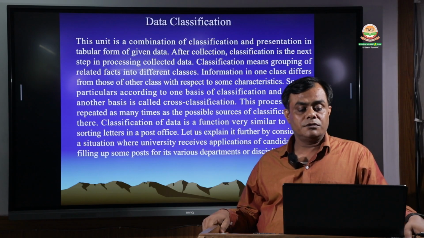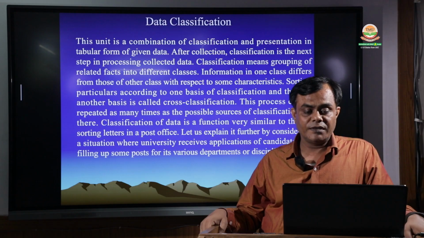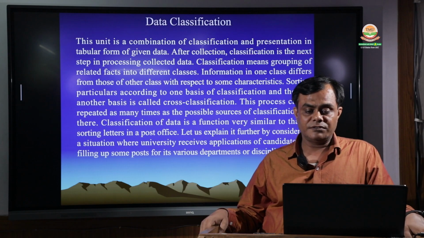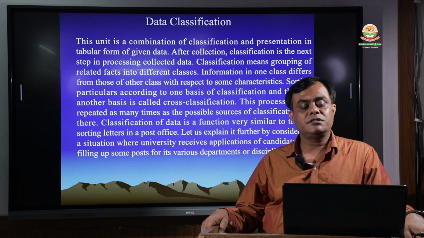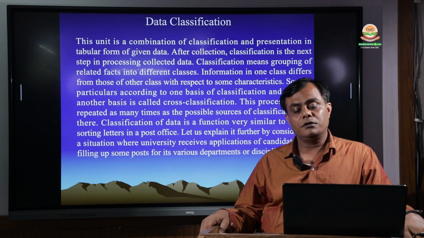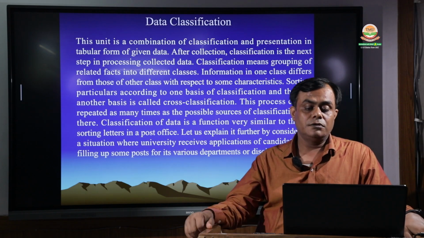What is classification? With this unit we can understand the classification and presentation of a given data in tabulation form. After collection, classification is the next step in processing the collected data. Classification means grouping of related facts into different classes.